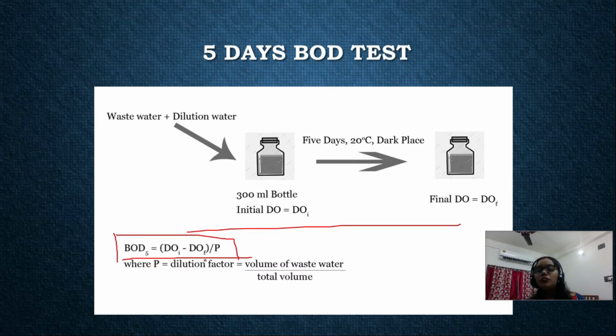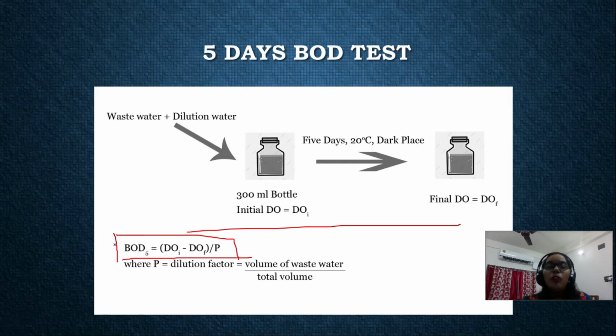BOD is the amount of oxygen that is consumed during the reaction. So you know the initial value of the dissolved oxygen in your water sample, and now you know the final value. So if we do initial minus final, that will give you the BOD.